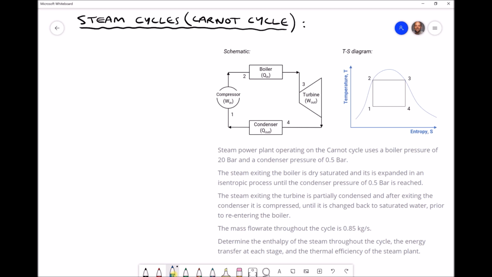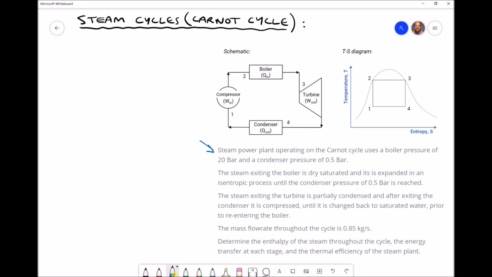To begin with, we're told that the steam power plant operates on the Carnot cycle, where the boiler pressure is 20 bar and the condenser pressure is 0.5 bar. We know from the previous tutorial that we assume the operations in both the boiler and condenser are constant pressure. So in the boiler we have constant pressure heating, and in the condenser we have constant pressure cooling or constant pressure condensation.